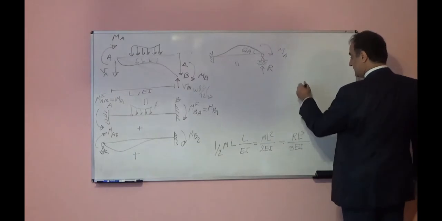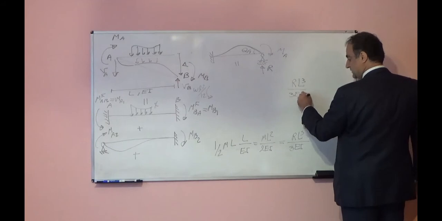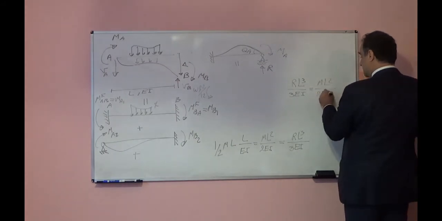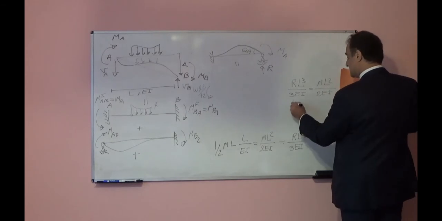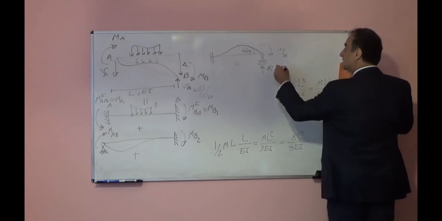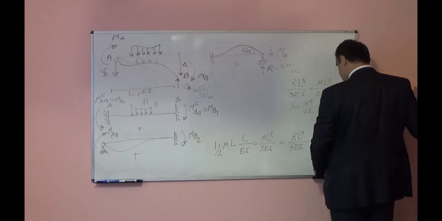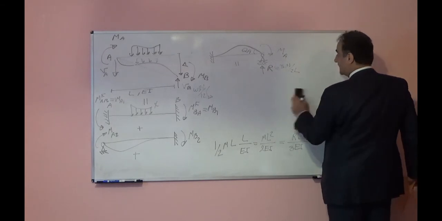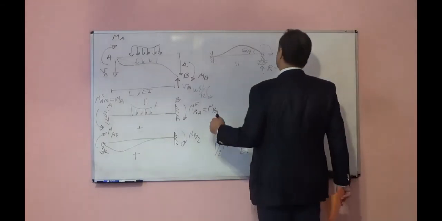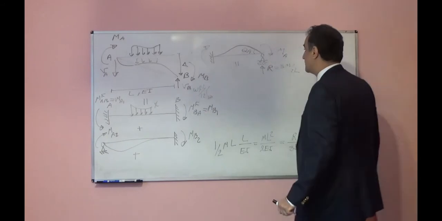If I set those equal, I can find R. R L cubed over 3EI will be equal to M L squared over 2EI. From here, R will be 3M over 2L. So this will be 3M over 2L. If I find this reaction, let's see what will be the reaction moment here.